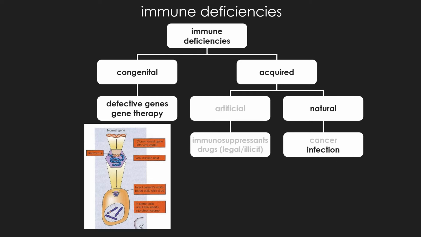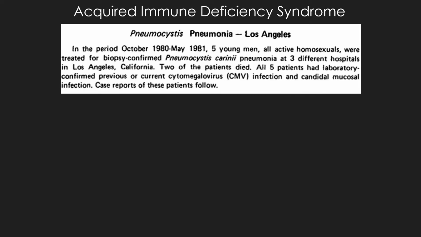So without further ado, acquired immune deficiency syndrome was first reported in the United States in a Centers for Disease Control Morbidity and Mortality Weekly Report.